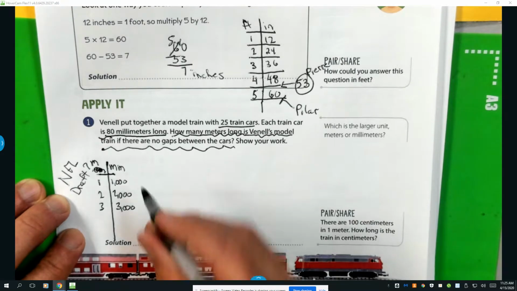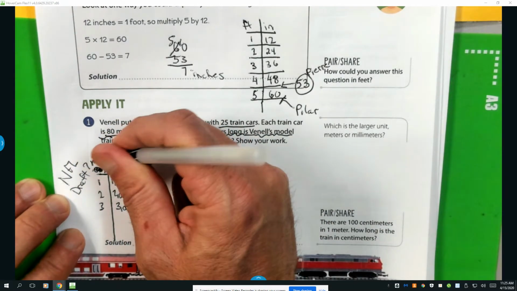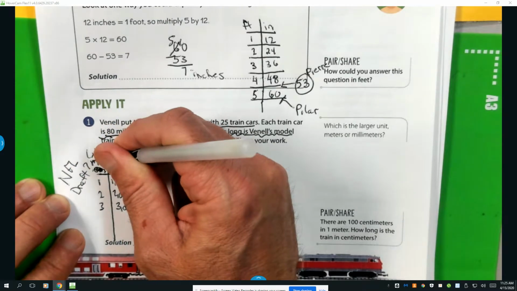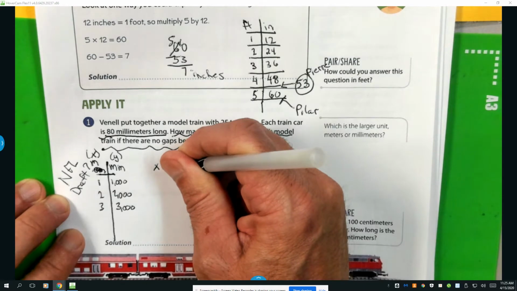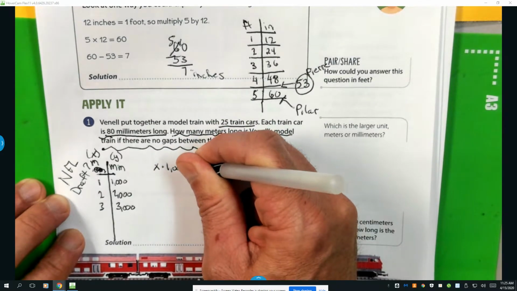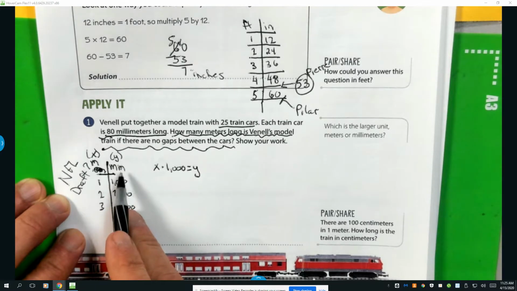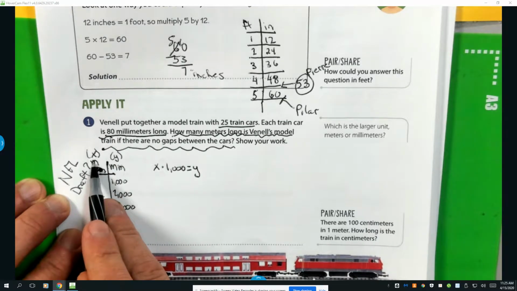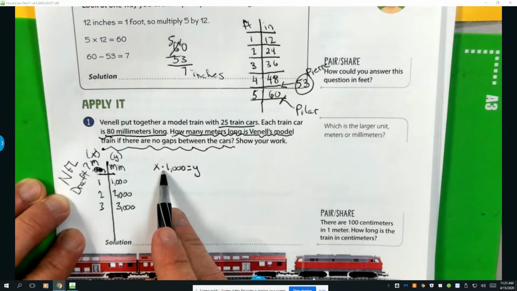So if I wanted to get from the X side to the Y side, all I would have to do is say X times 1,000 equals Y. And if I knew the amount of millimeters and wanted to go to meters, I would just do the opposite, the inverse. What's the opposite of times 1,000?